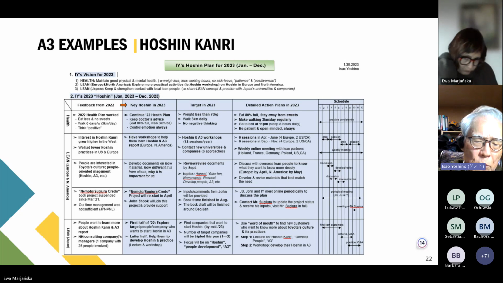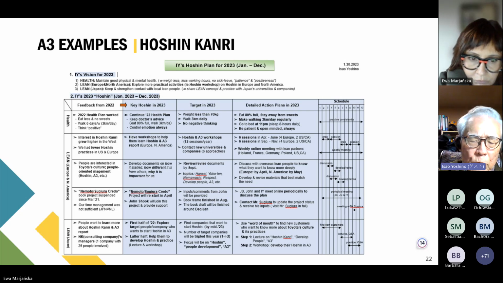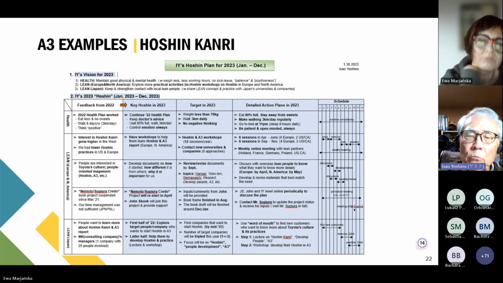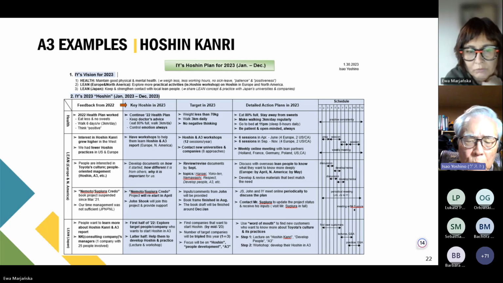I put down the vision: number 1, health. Second one, lean overseas. Number 3, lean Japan. In each box, I put down my feedback from 2022. This is my review. Based on the review, I created the key Hoshin for this year in January.